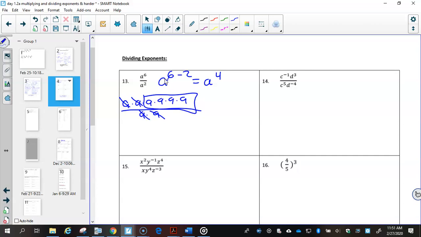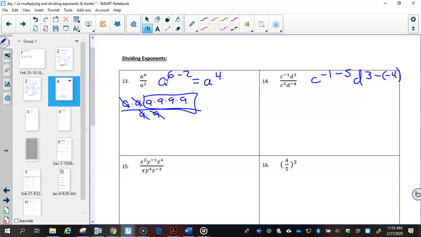Do we have like bases here? Yes, c and d. Remember that you are always subtracting no matter what, whether you have negatives or not. So we have c to the negative 1 minus 5, d to the 3 minus negative 4. What would c's new exponent be?